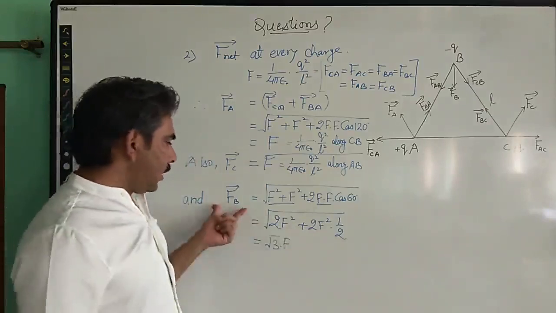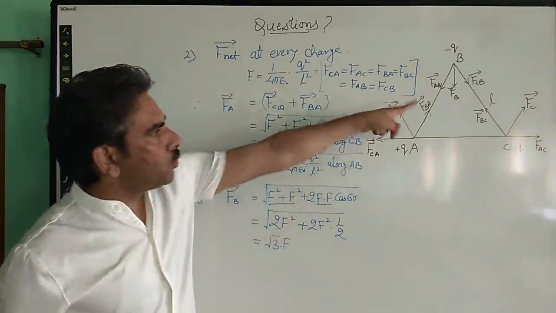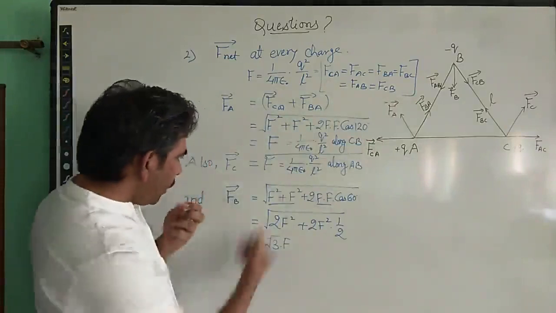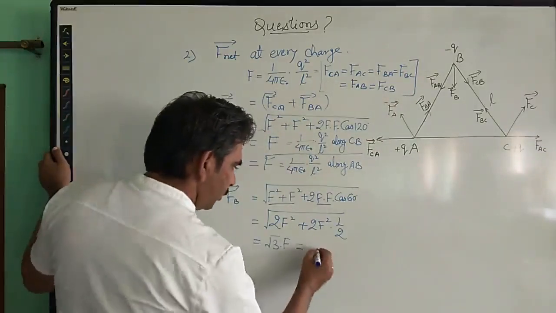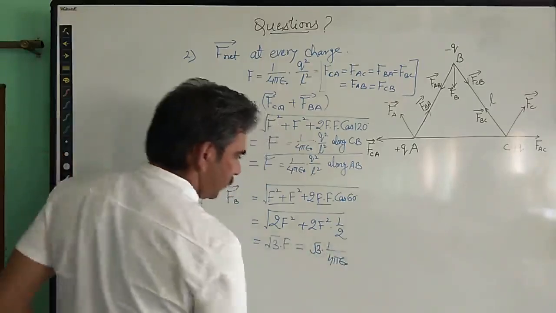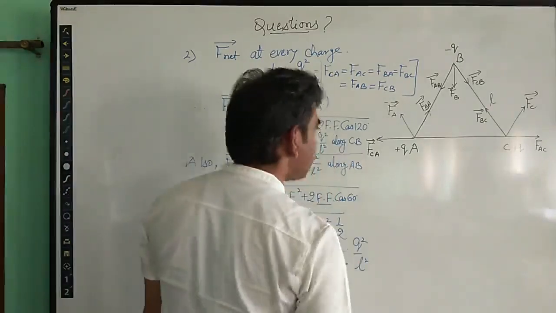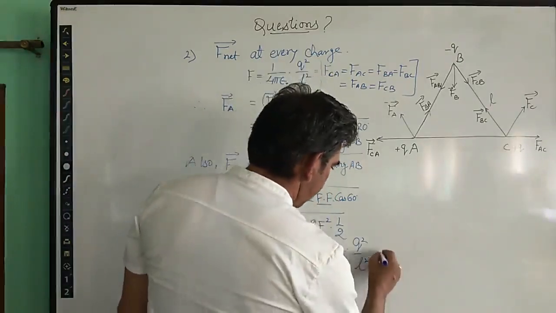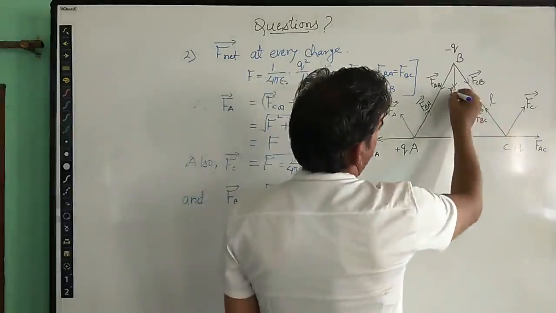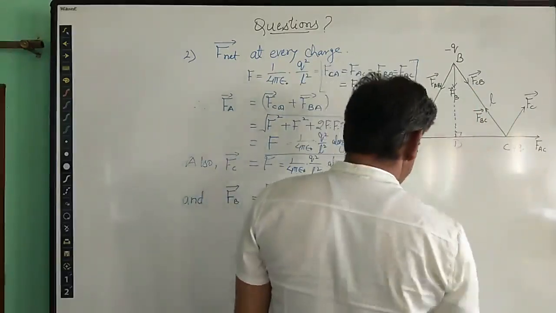So this is the net electrostatic force on the charge placed at point B due to these two charges at A and C. So you can write this as equal to under root 3 into 1 upon 4 pi epsilon naught into Q square upon L square, right, along, you can draw a perpendicular and name it AD.